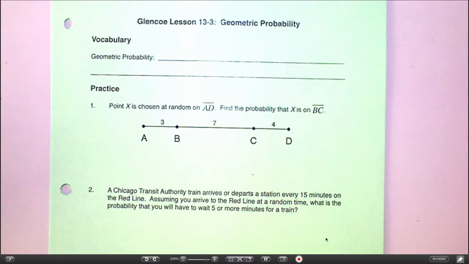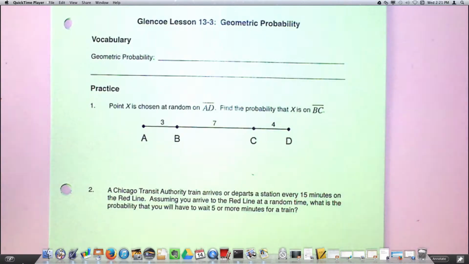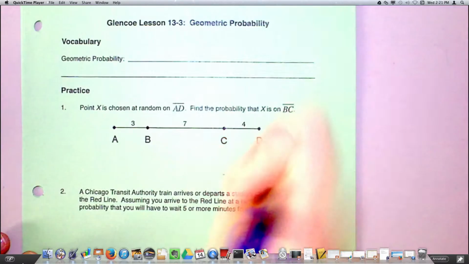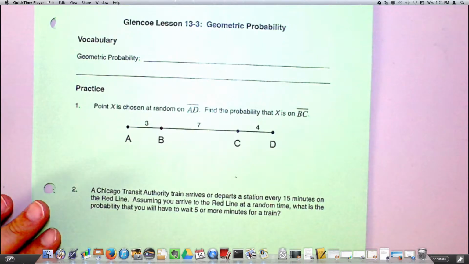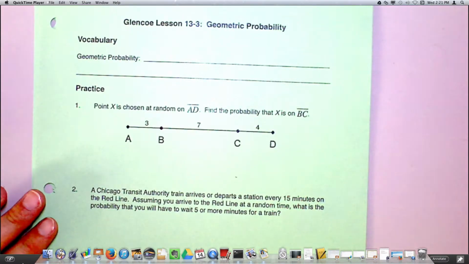Probability. That's what we're talking about today. Whoops, let me get that box out of the way. And geometric probability is almost just like it sounds. It's probability that involves some kind of geometry.